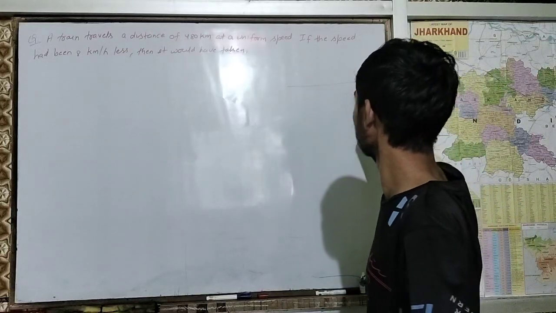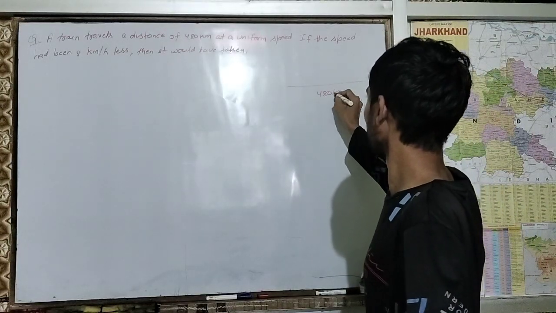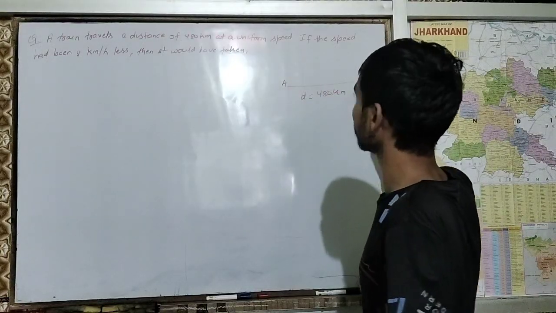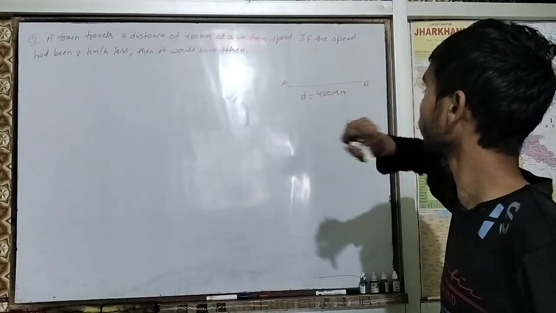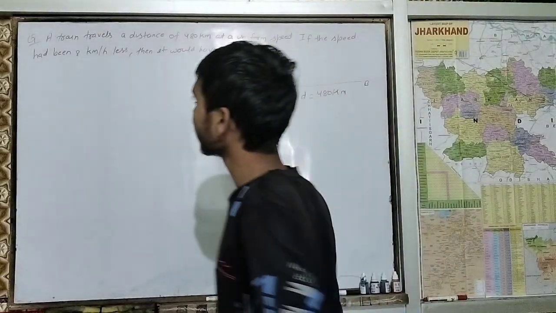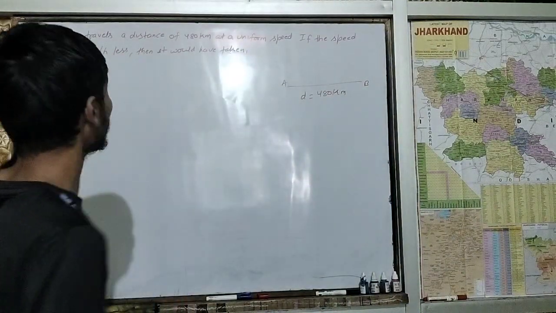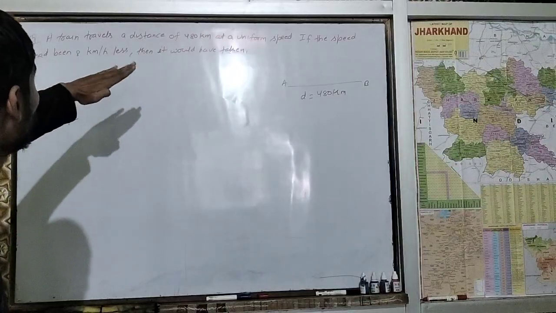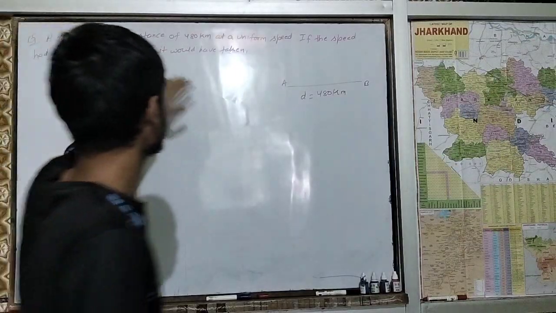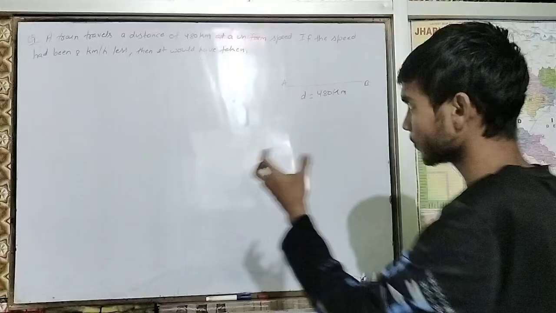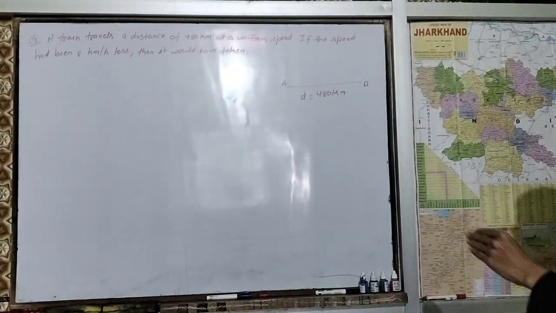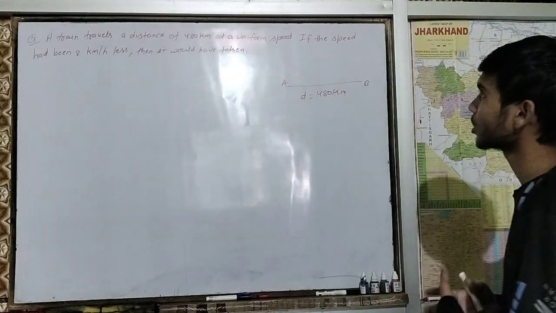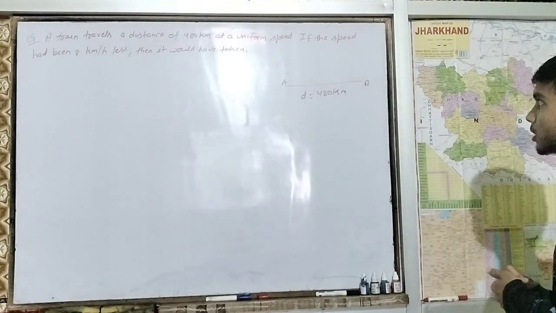This is the distance from A to B with the uniform speed. If the speed had been 8 kilometers per hour less, then it would have taken 3 hours more. This is the question.